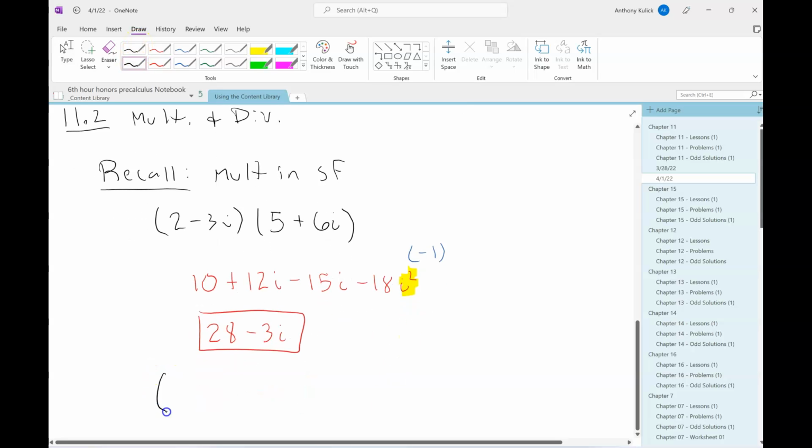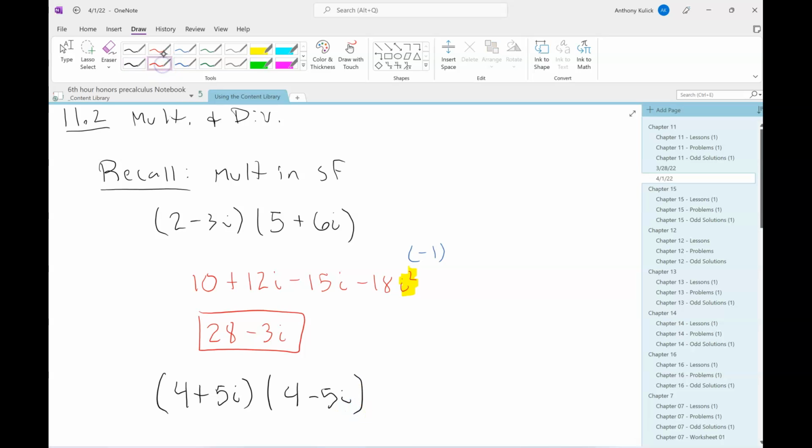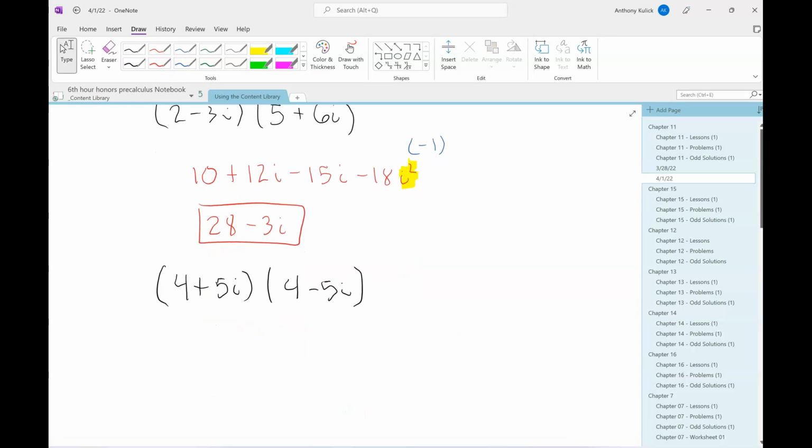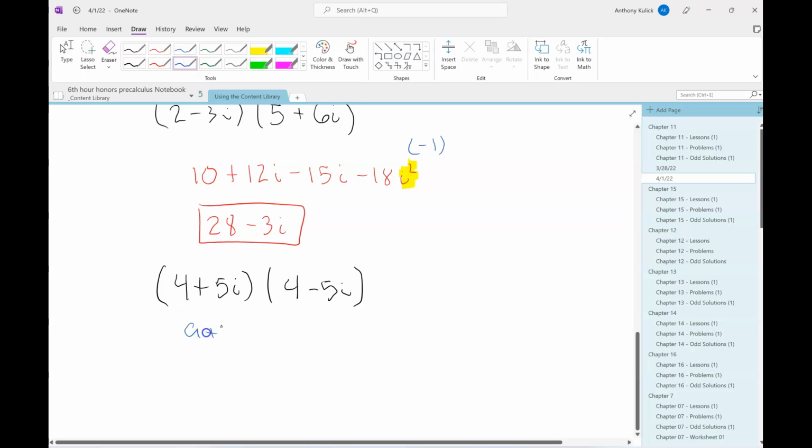Keep in mind that there is one special situation when we do these kinds of things where life can be really easy for us. So what if I have 4 plus 5i times 4 minus 5i? Does anything stand out to you here? This looks to me like a difference of two squares. Does that ring a bell, you guys? So I can avoid the foiling.